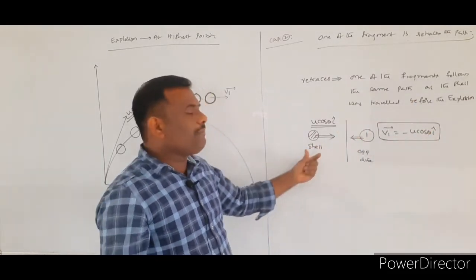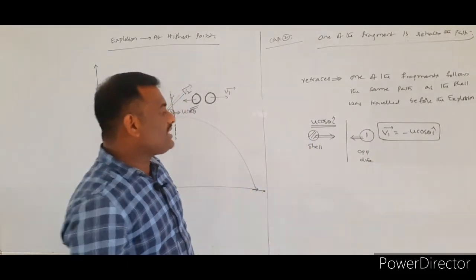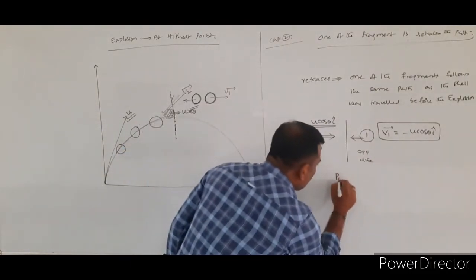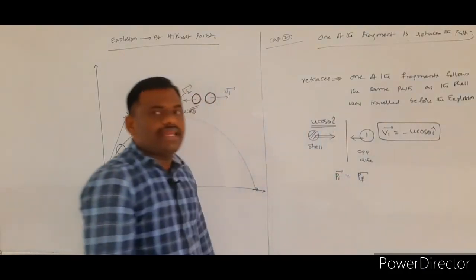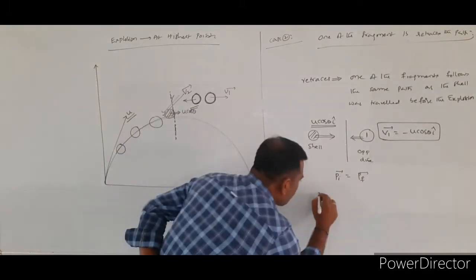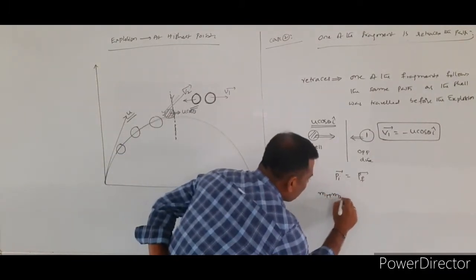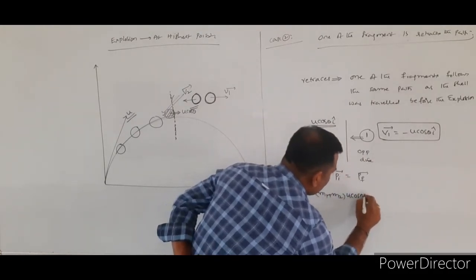Once again, we apply the law of conservation of linear momentum. What is the law of conservation of linear momentum? Total initial momentum before the collision is equal to total final momentum after the collision. The total initial momentum before the collision is (m1 plus m2) into its velocity u cos theta into i cap.